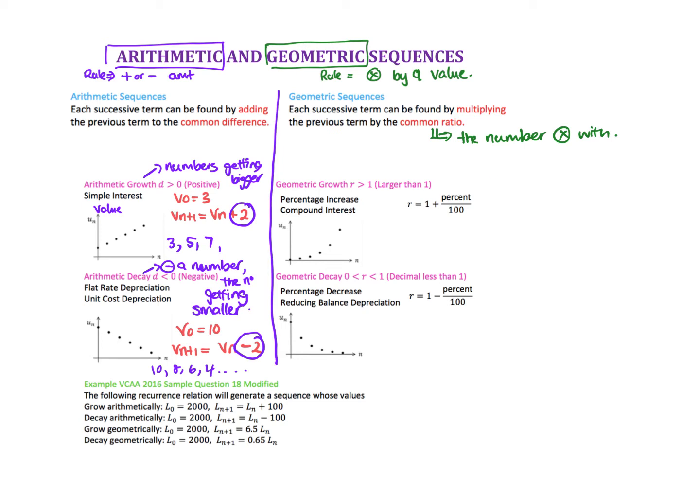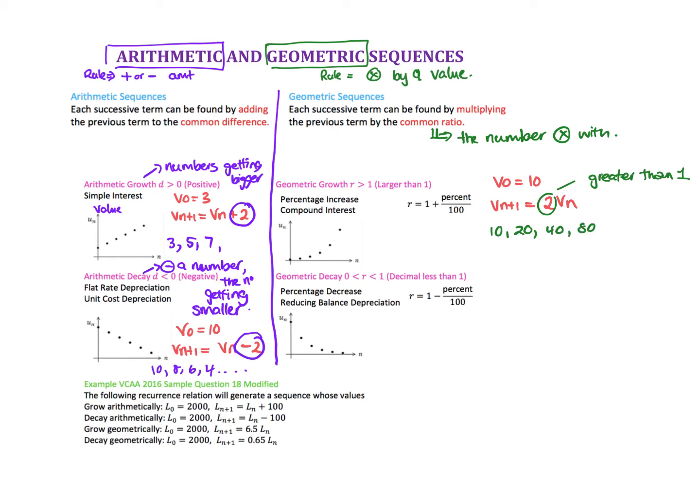Say, for example, V0 is 10, and I'm going to show you a geometric sequence. What if I said 2 times Vn? You can see this number is greater than 1, so we're going to see growth. If we wrote out that sequence, we'd have 10, 20, 40, 80.